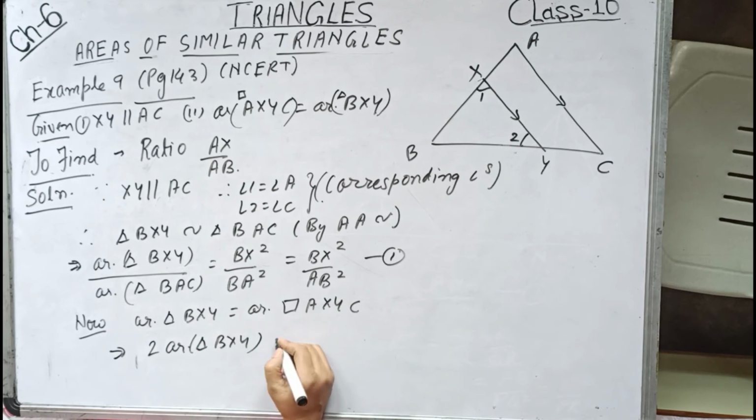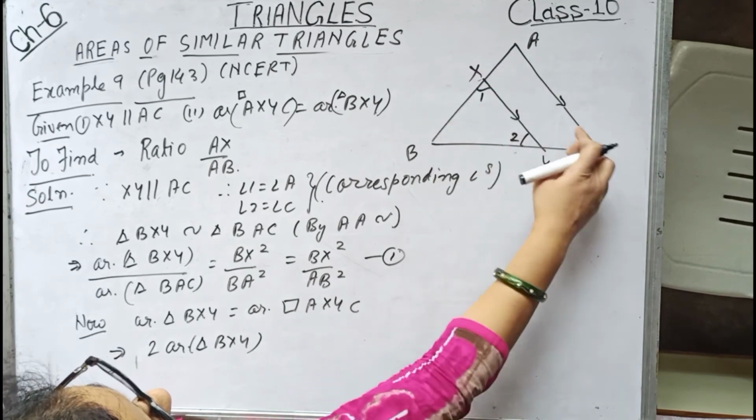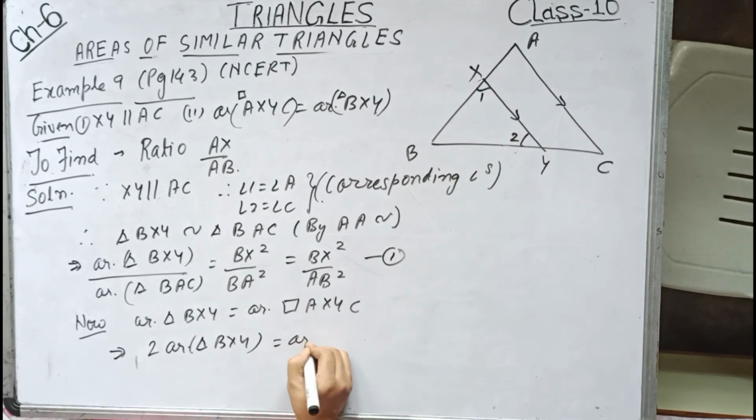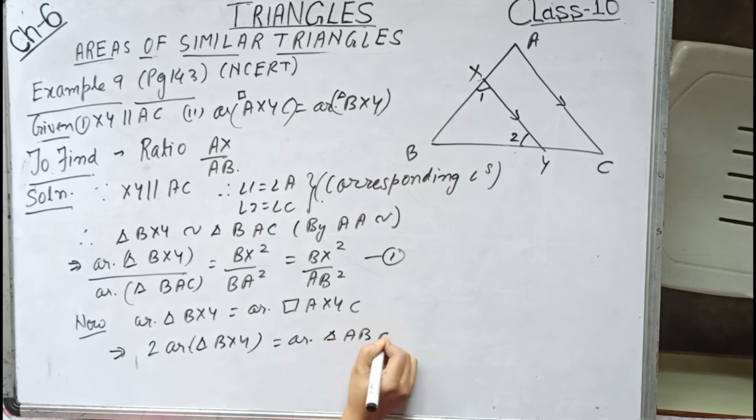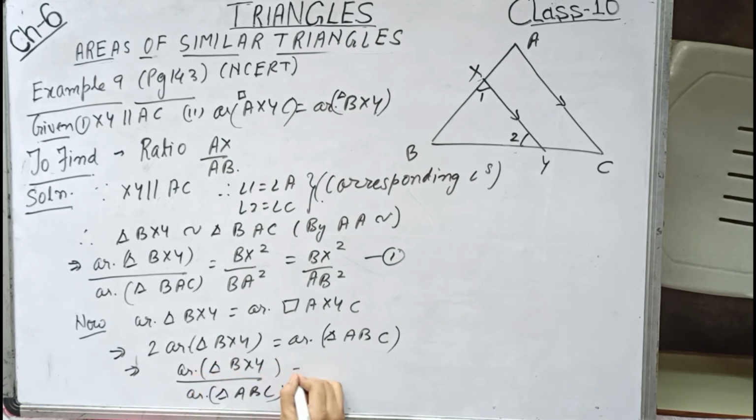If I add over here it will become twice, and if I add this triangle over here, it will become the whole triangle, equals area of triangle ABC. I think you understand over here. Adding area of triangle BXY to both sides, we get twice area BXY equals area of triangle ABC. Now this implies area of triangle BXY by area of triangle ABC equals 1 by 2.